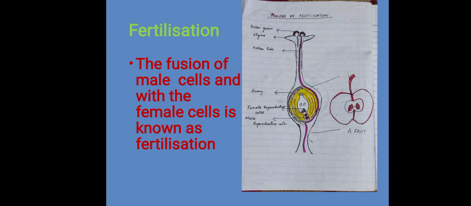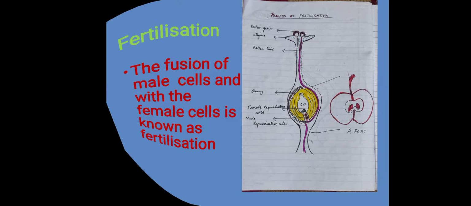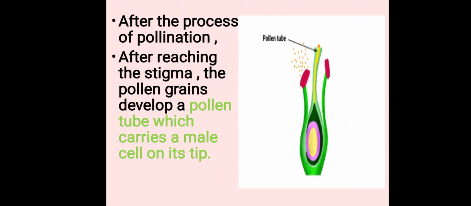Good morning, class. In the previous lesson, we learned about fertilization, that is the fusion of male cells with the female cells. After reaching the stigma, the pollen grains develop a pollen tube which carries a male cell on its tip.